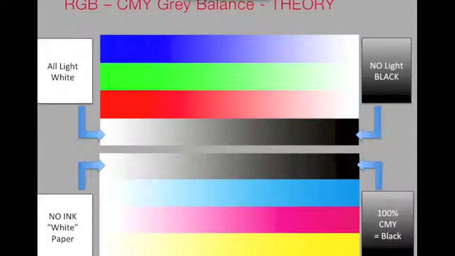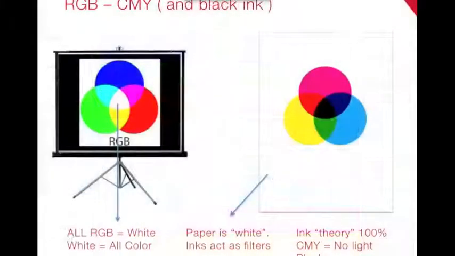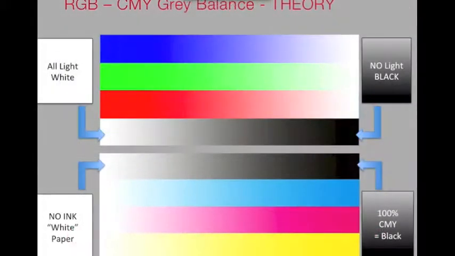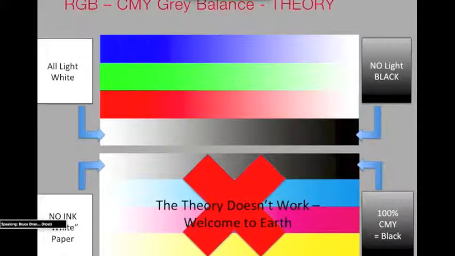And so it would therefore be logical to think, if we look at our junior school physics diagram, that even values of CMY will also produce the same thing. However, it's not true in the real world.